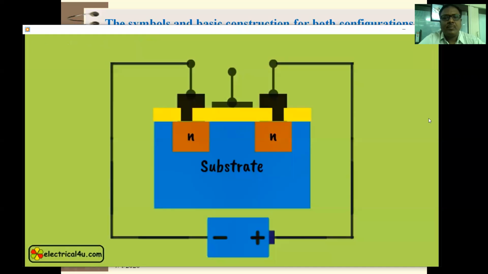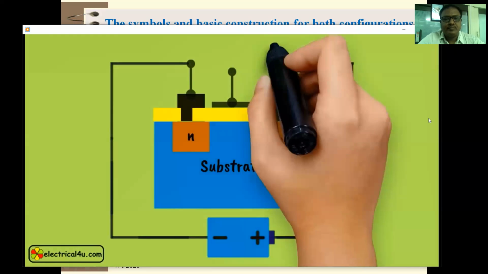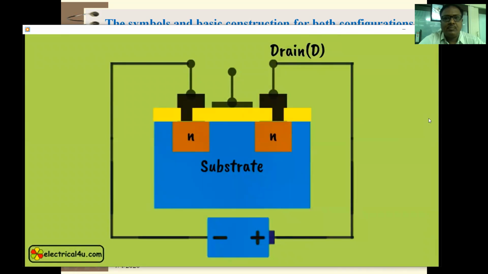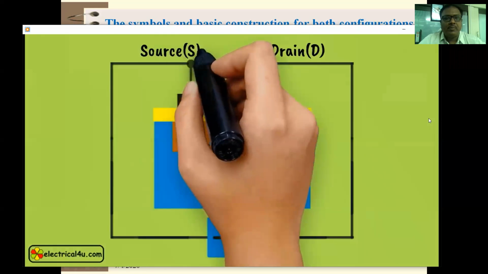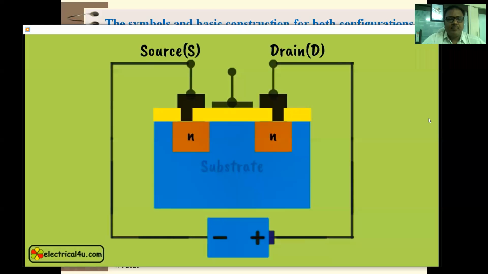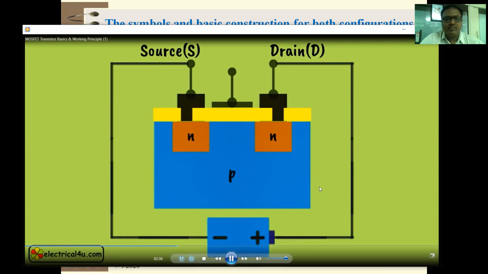The N-type region connected with positive terminal of the source is called as drain, and the N region connected with negative terminal of the source is called as source. As soon as the drain and source are connected with DC voltage source, there will be two PN junctions formed.